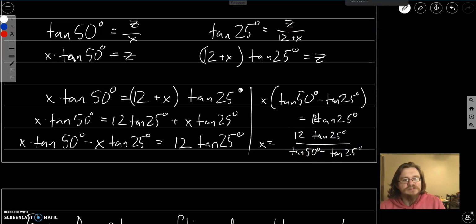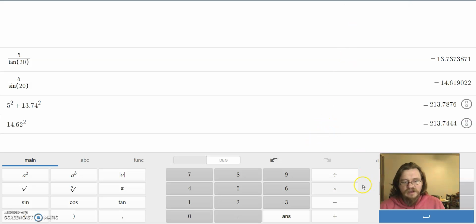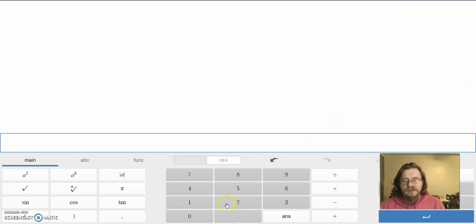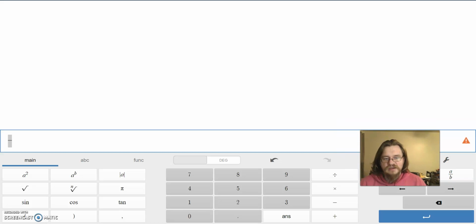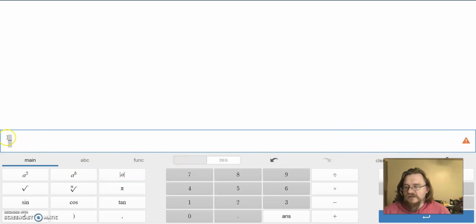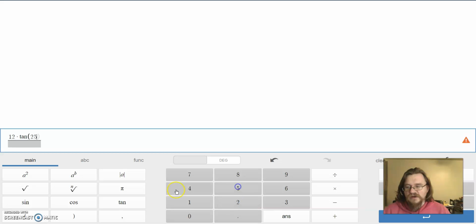Let's just plug this into Desmos. So let's clear everything, and we'll make a fraction. On the top of the fraction, we want 12 times the tangent of 25.